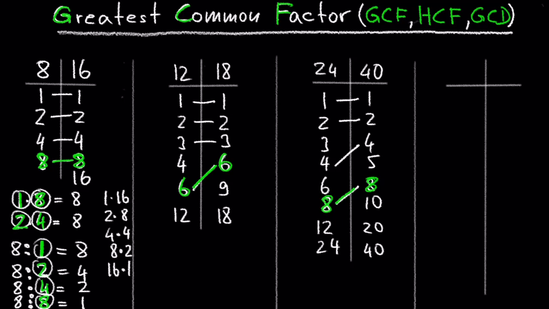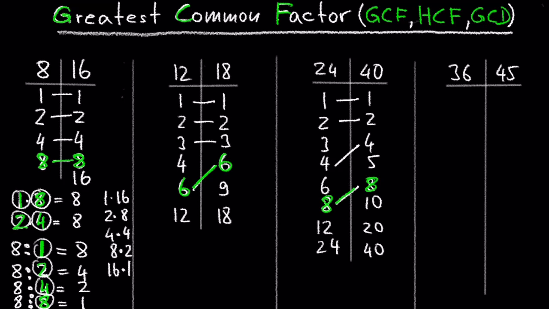Let's solve the last example. What is the GCF of 36 and 45? Feel free to pause the video, grab some paper and pen and make your list without a calculator. Again, the first step is to make our list with all numbers that fit into 36 and 45.